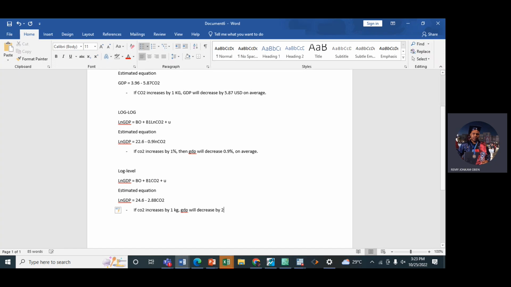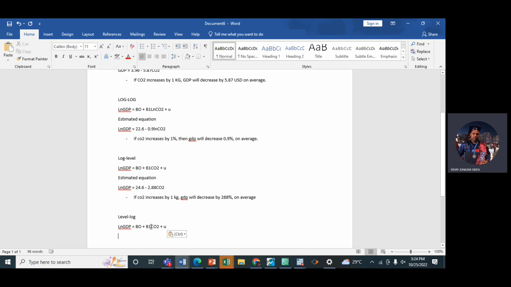So you say 288 percent on average. Never forget to include on average. That's log level. Now, final one, level log. We have the model level, so I'll remove this lean so that it should be level, and I'll put lean here so that it should be log, level log.